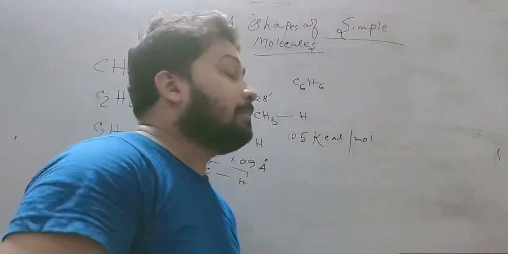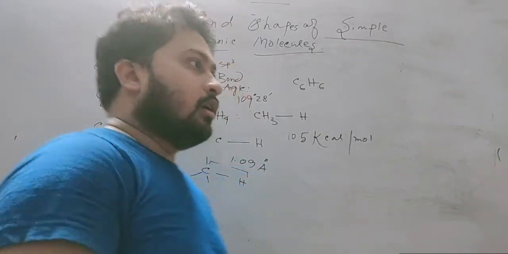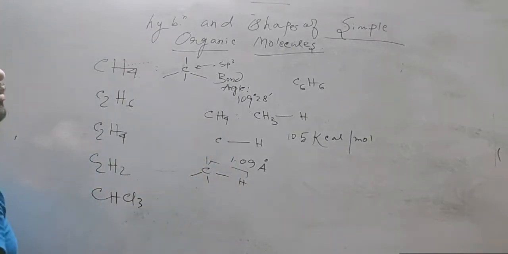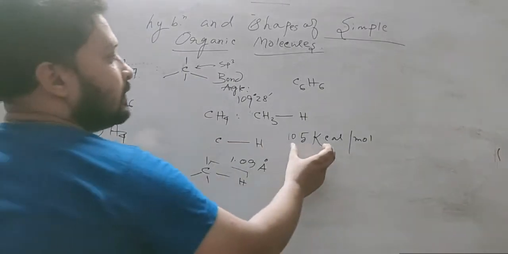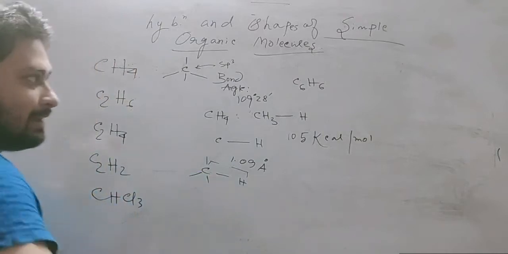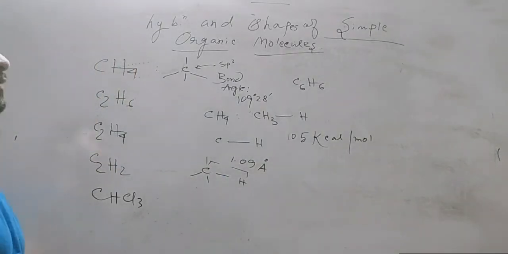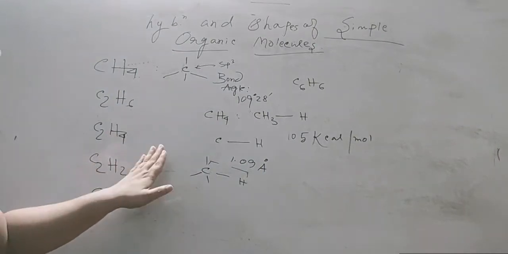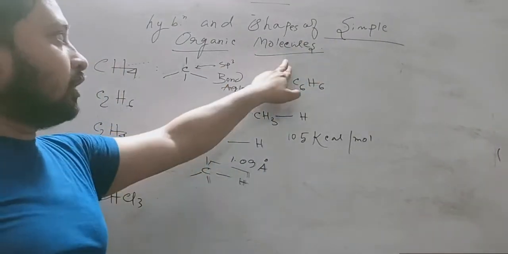If you want to break 1 mole CH4, then you require 105 kilocalorie energy to break the bond. So those are the simple information for the simple organic molecule methane.